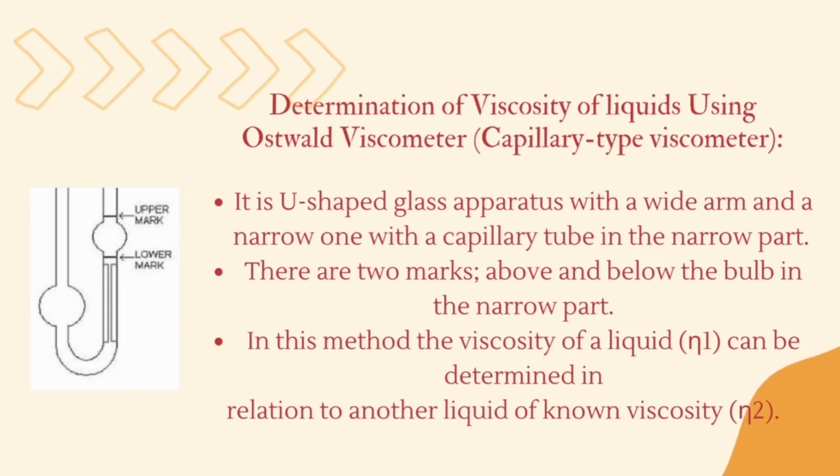Determination of viscosity of a liquid using the Ostwald viscometer. It's a U-shaped glass apparatus with a wide arm and a narrow one, with a capillary tube in the narrow part. There are two marks above and below the bulb in the narrow part. In this method, the viscosity of a liquid, viscosity 1, can be determined in relation to another liquid of known viscosity, viscosity 2.